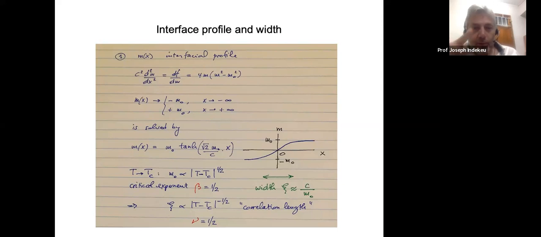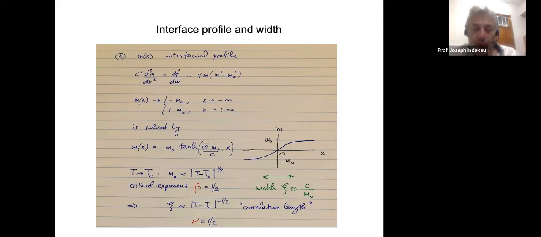We also figured out from this calculation that the width of the profile here in space corresponds to a quantity that also features this value m0, which is indicative of the order parameter in the phase separated state.